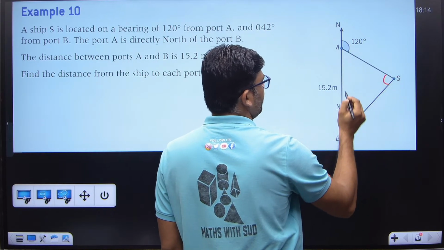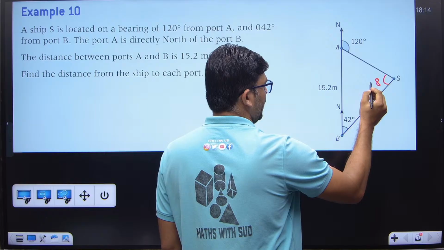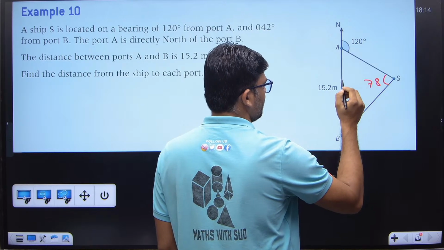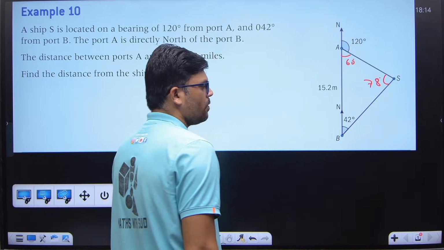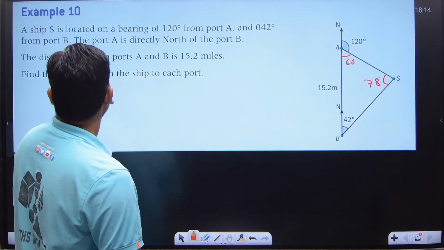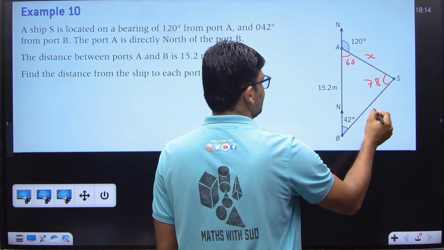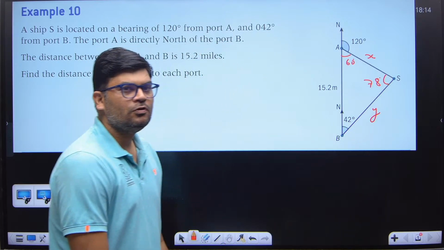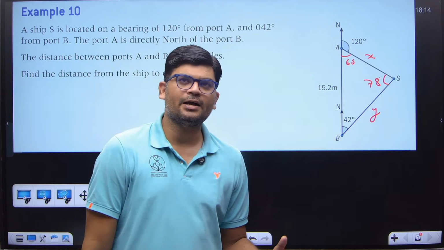So if this is 120, this is 42, this is going to be 78. And this is going to be 60. Now, if I want to find these two distances, X and Y, which rule can be used if we have been given angles and a distance?